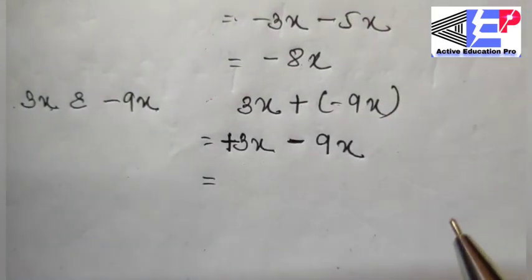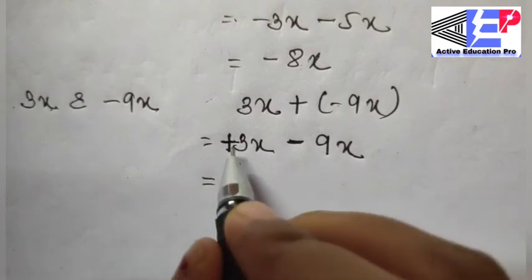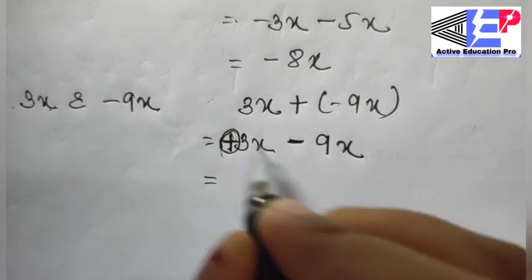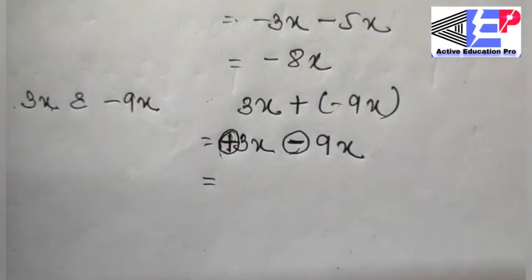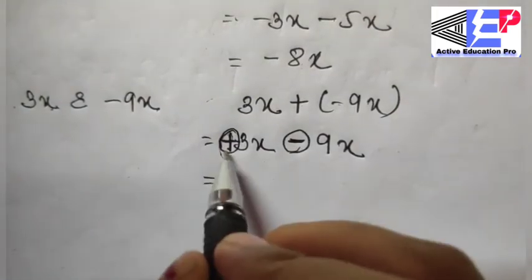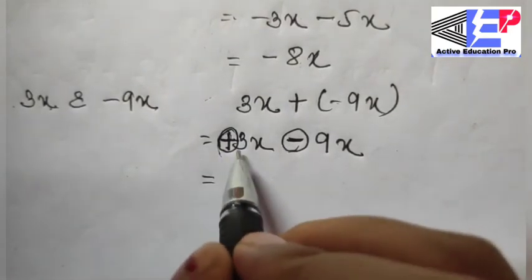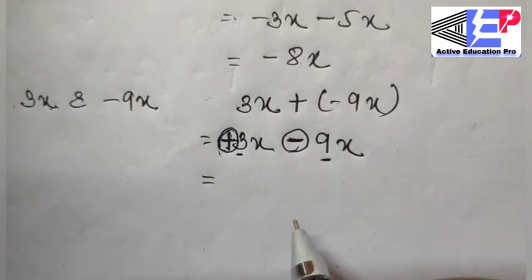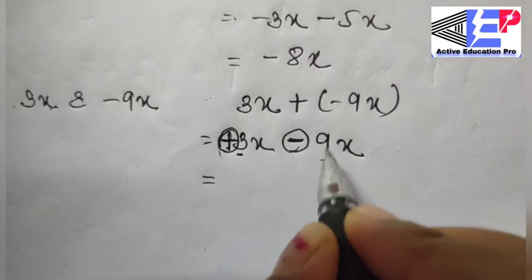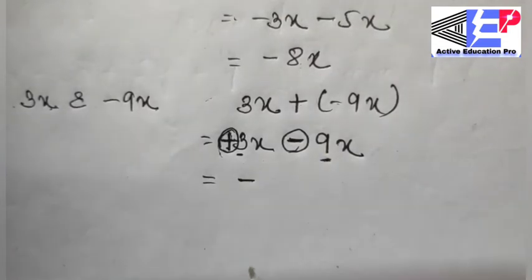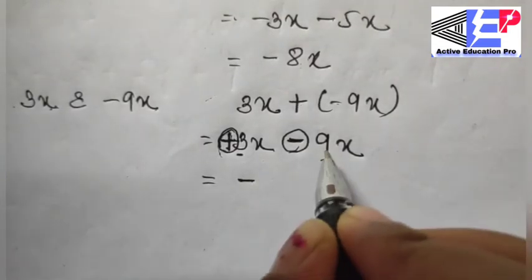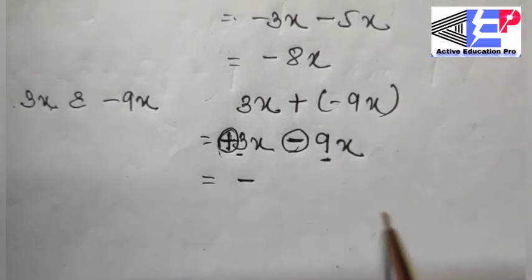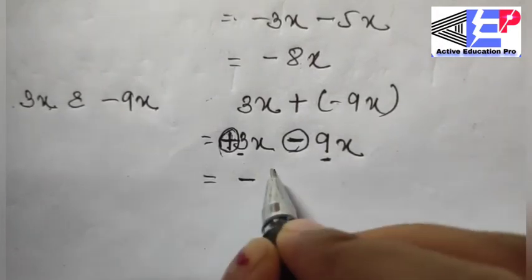So how to add? Both the signs are opposite. Just forget the sign mark. Coefficient is 3 and coefficient is 9. Which is greater? Obviously 9 is greater than 3. So put the sign mark of the greater number, minus. Then subtract the smaller number from the greater number, 9 minus 3 is equal to 6.